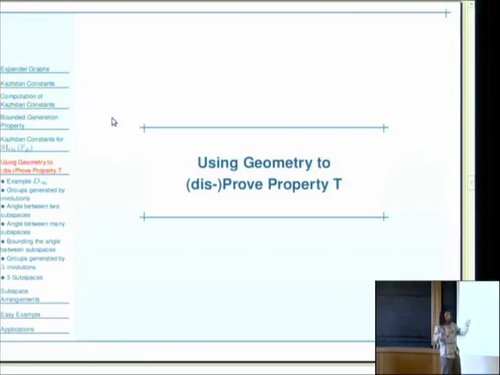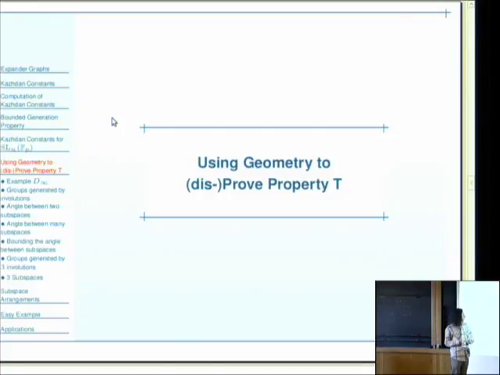But they said, oh, no, this is not ours. This goes back to Garland from the late 70s. And I have no idea who is the real guy behind it. Of course, at some point I tried to read their paper and I couldn't read it, and I learned it from Ershov and Jaikin last year.